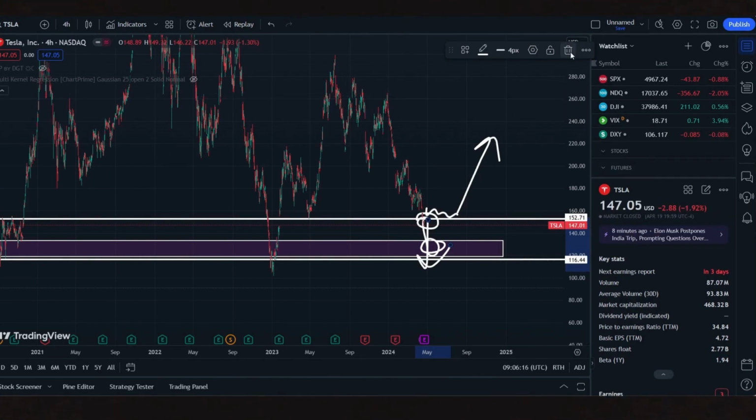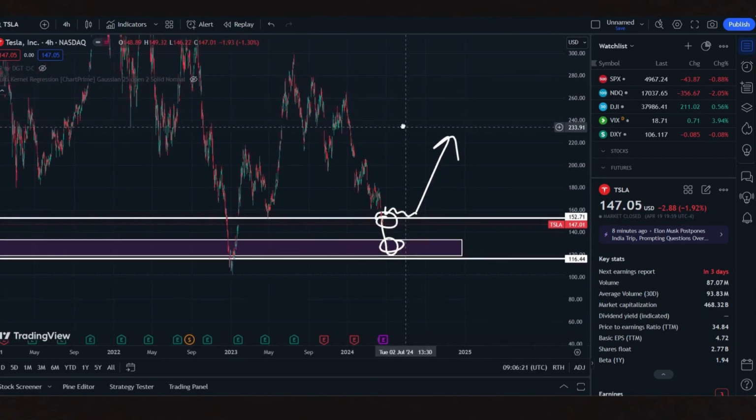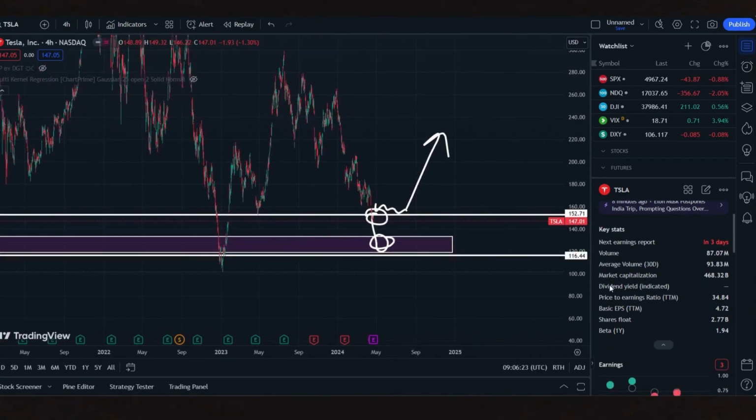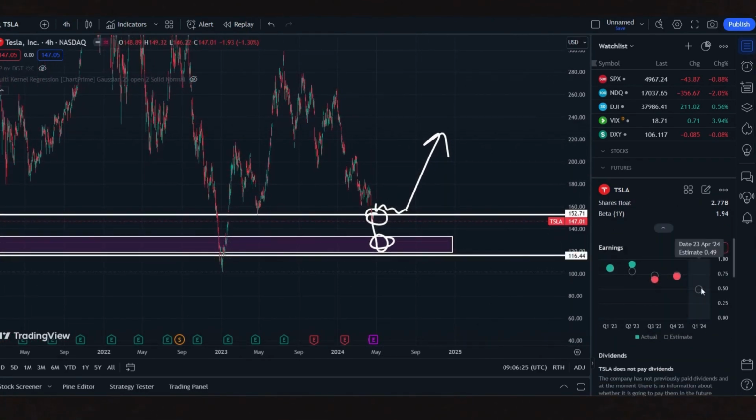The key element that I would like to show you right now is the expectations that analysts are waiting for. As you can see, for this quarter the analysts expect that earnings and revenues will be much lower than the previous two.